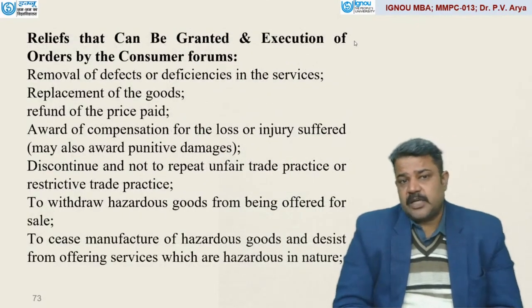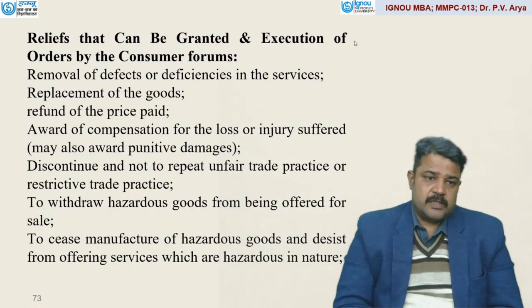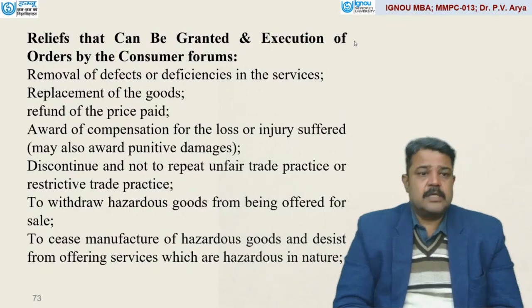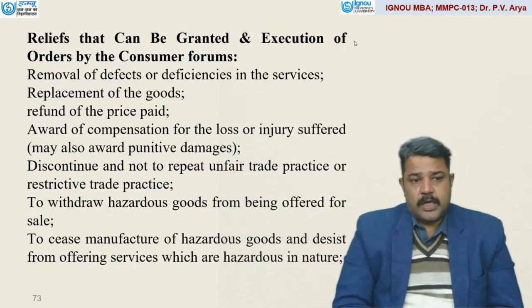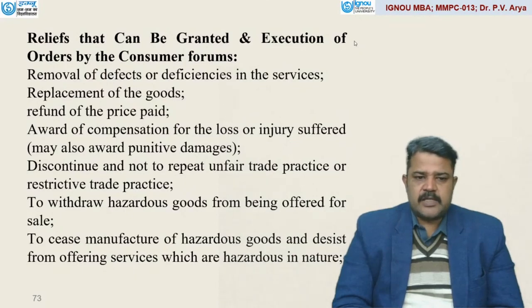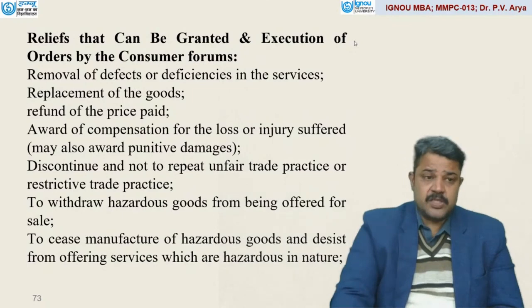Relief that can be granted and execution of orders by the consumer forums include removal of defects or deficiencies in the services, replacement of goods, refund of the price paid, and award of compensation for the loss or injury suffered. They may also award punitive damages, order to discontinue and not repeat unfair trade practices or restrictive trade practices, to withdraw hazardous goods from being offered for sale, to cease manufacture of hazardous goods and desist from offering services which are hazardous in nature.